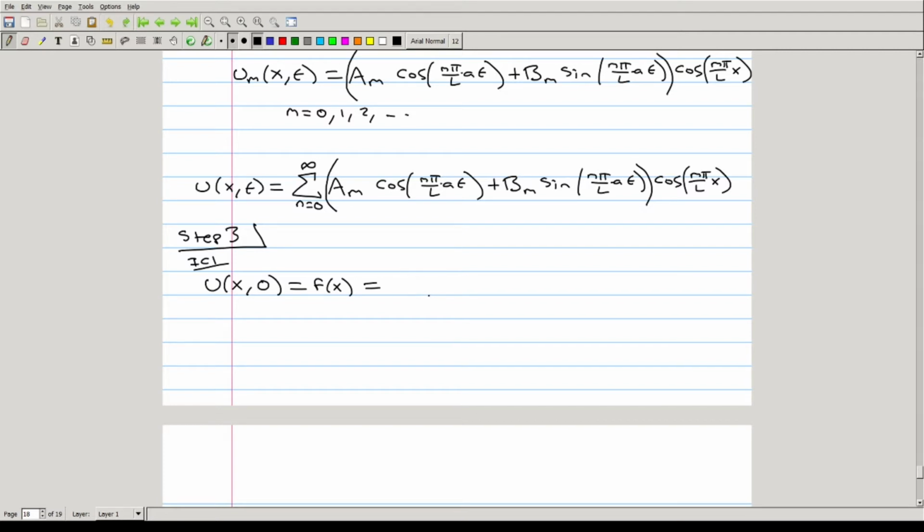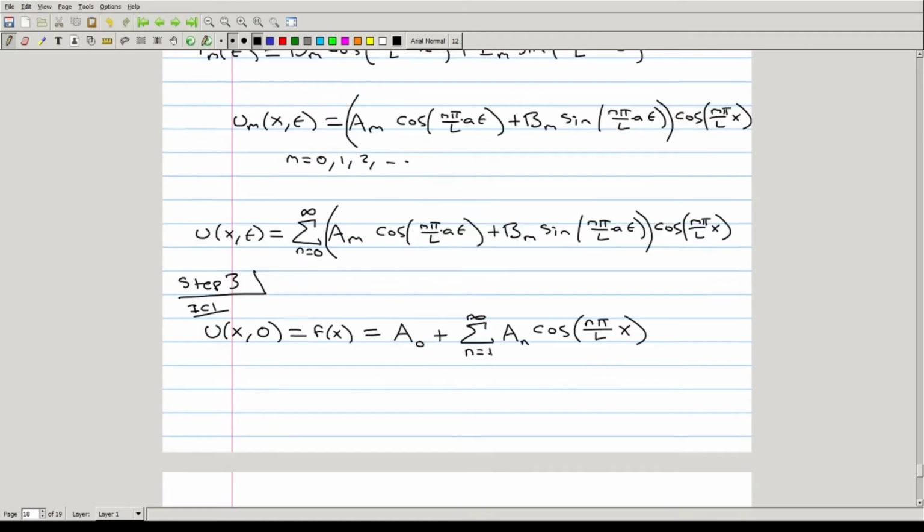And when you plug in t equals 0, here you get a naught plus the summation from n equals 1 to infinity of a n cosine of 0 is 1, so cosine of n pi over L times x, which is the Fourier cosine series expansion for the function f on the interval from 0 to L.